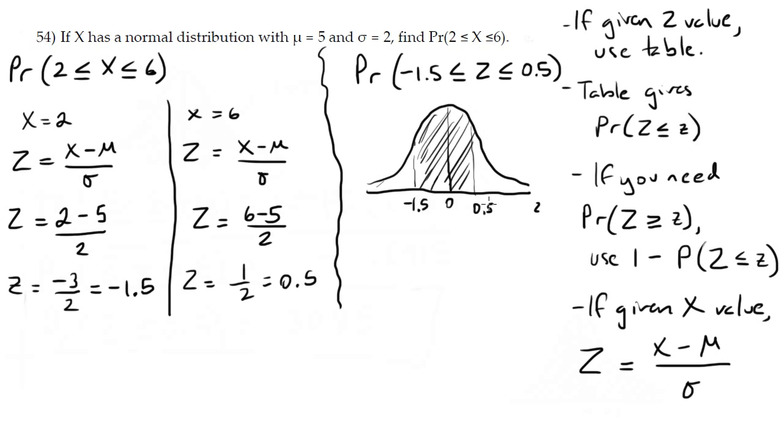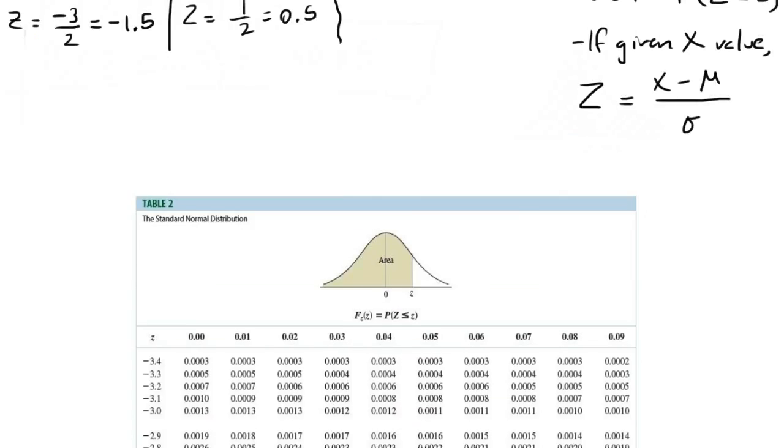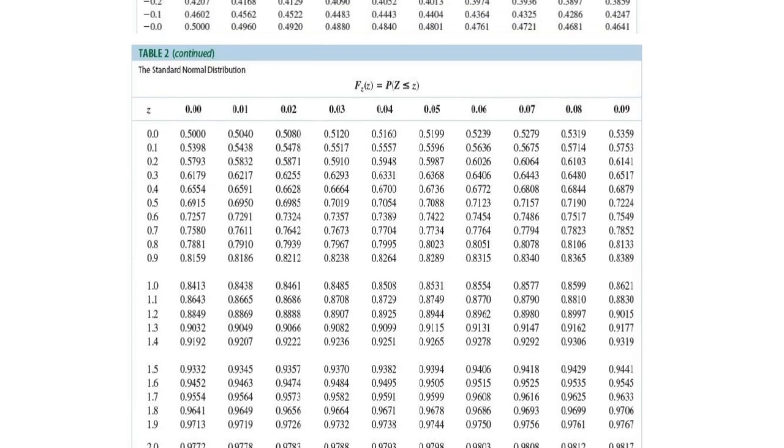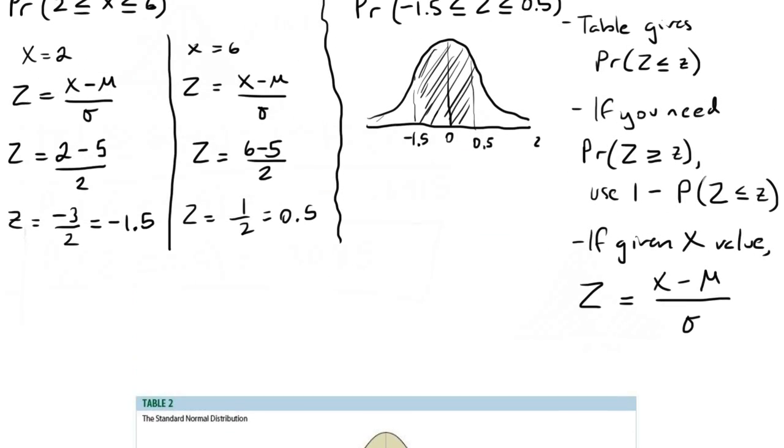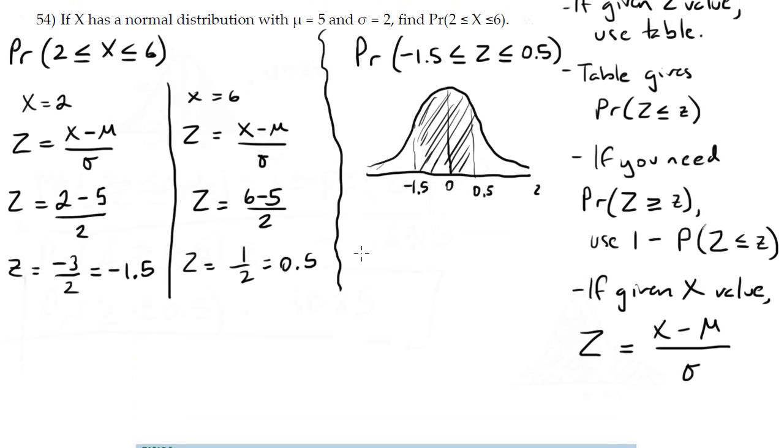So I'm going to the table for 0.5, which we had already, that's 0.6915. That's the larger area, this area here. And I'm subtracting the smaller area, less than negative 1.5.